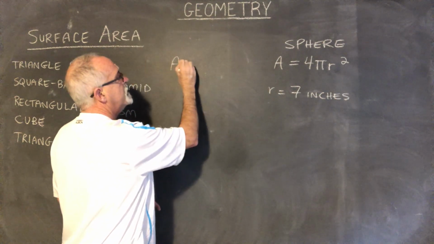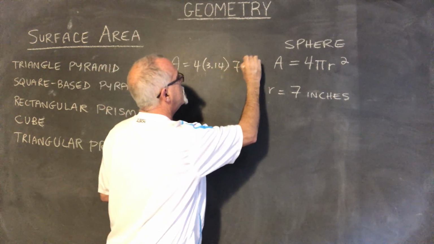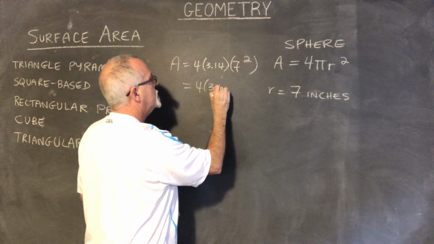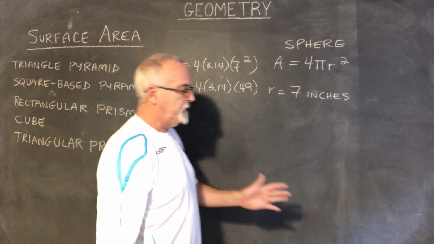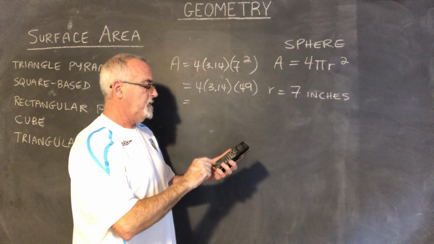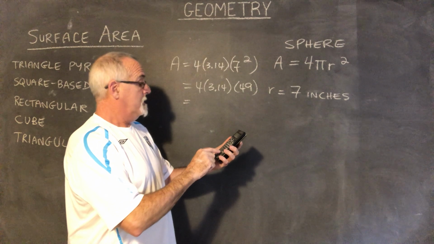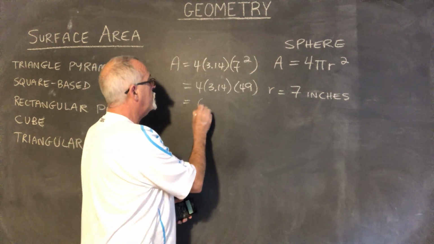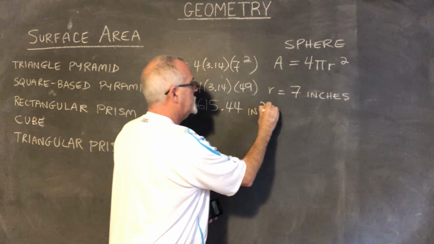Therefore, the surface area is 4 times pi times 7 squared. 7 squared is 49. 4 times pi times 49 is going to give us 4 times 3.14, yes, I'm using 3.14 for pi through the whole lesson, times 49. 615.44 square inches. We did it.